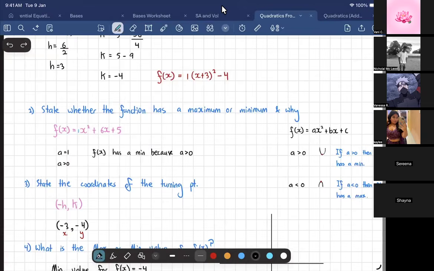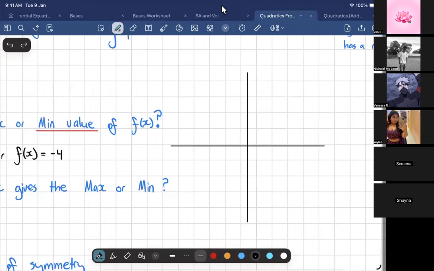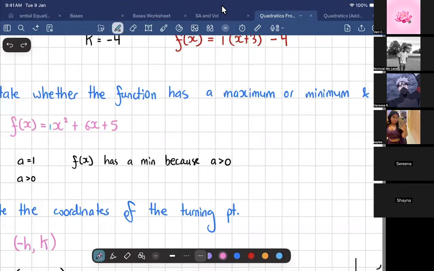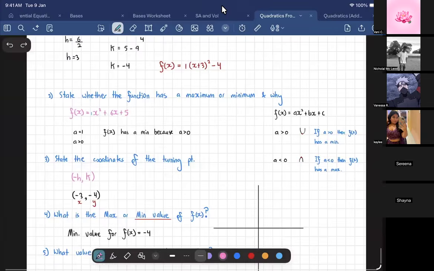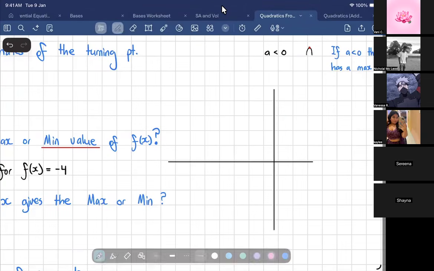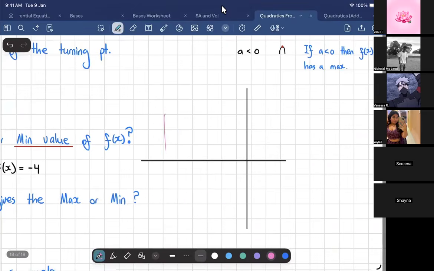Cool. Okay, so let me do a little sketch quickly. If you were to sketch this out quickly, you would get something looking like this.